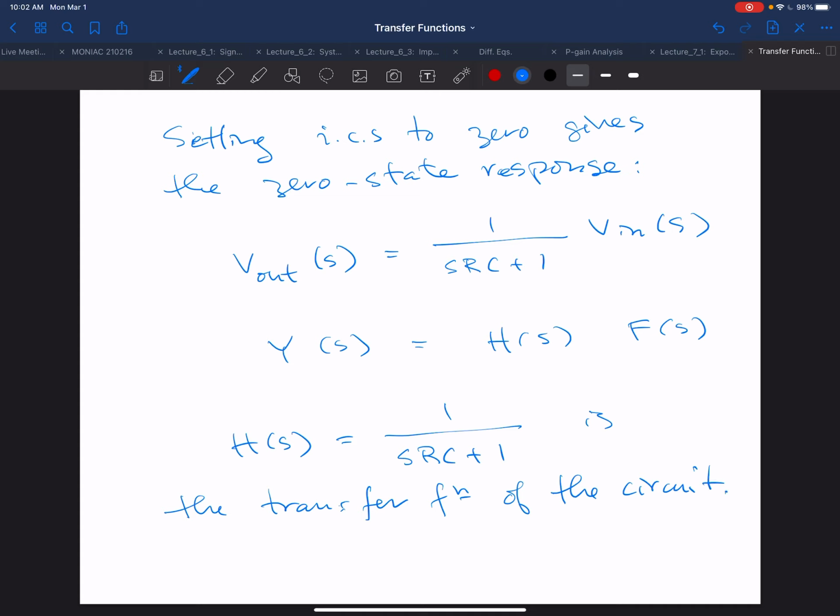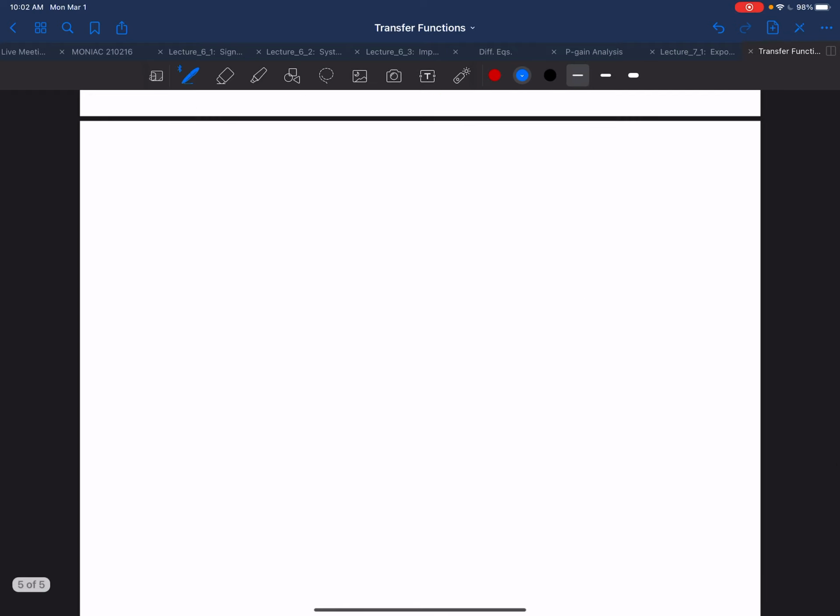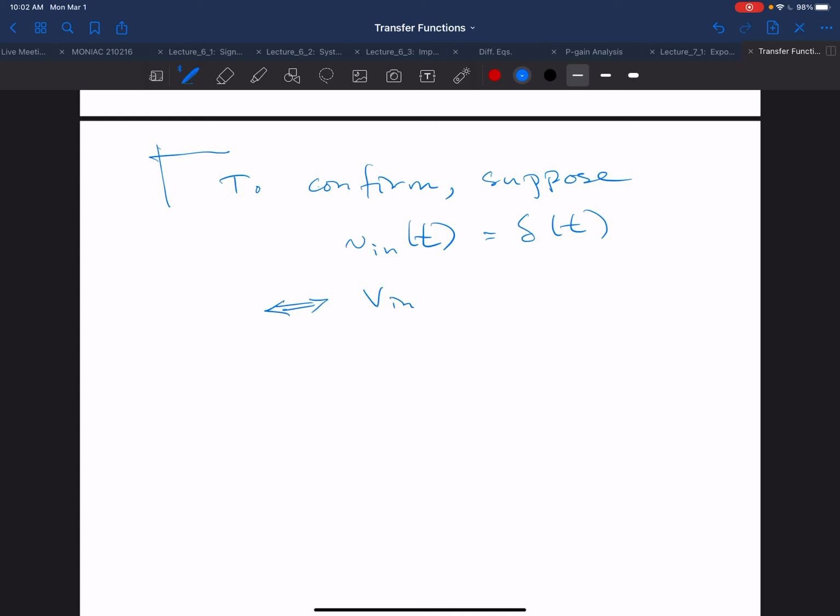So, just to confirm, suppose V in is an impulse. So if V in of t is the unit impulse function, that means V in of s equals 1.